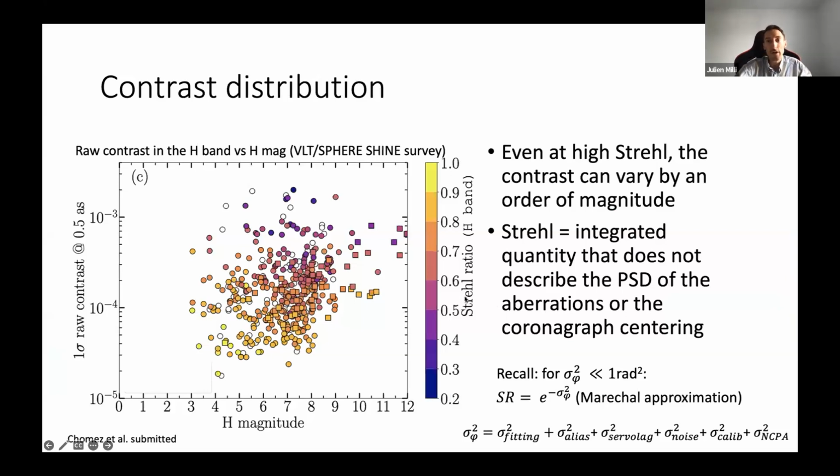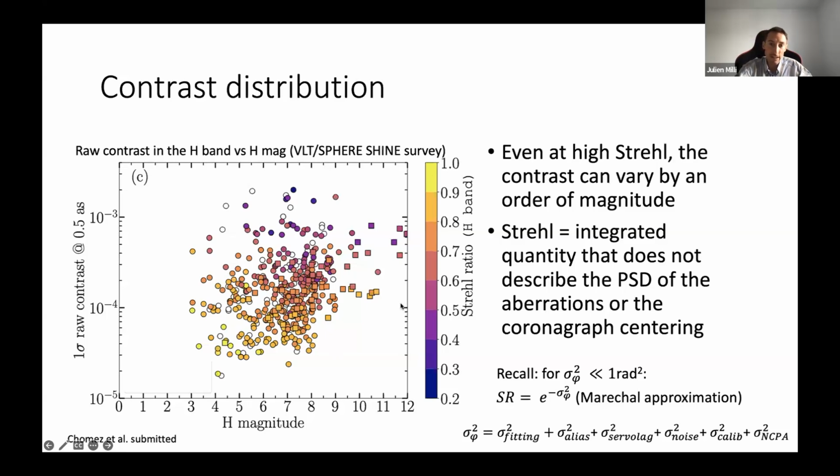So I told you that with new high contrast imagers, the contrast really became the new metric. So what's happening if we look at the contrast? Here you see the contrast as a function of the H-band magnitude for various targets that were part of the SHINE survey, the VLT SPHERE survey that Clémence introduced in the last presentation.